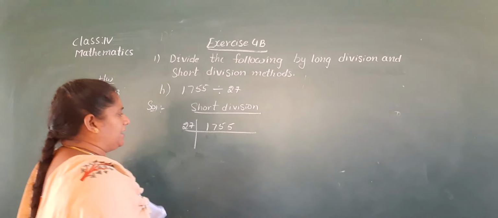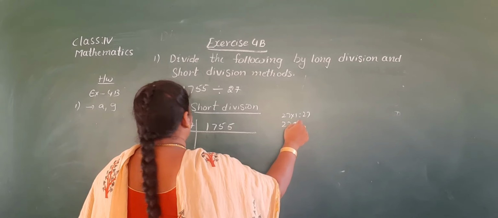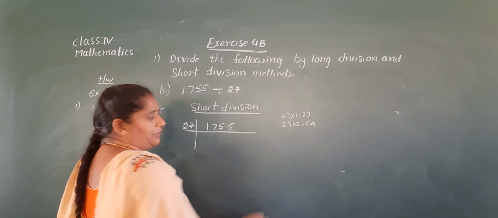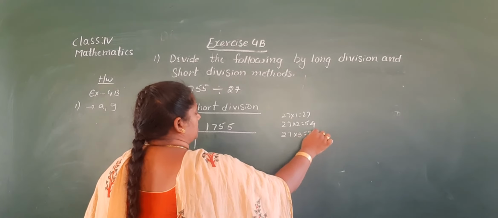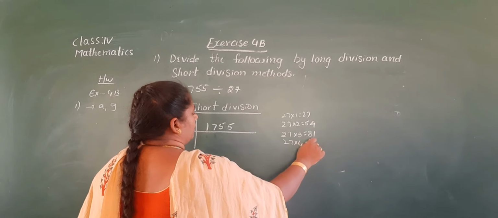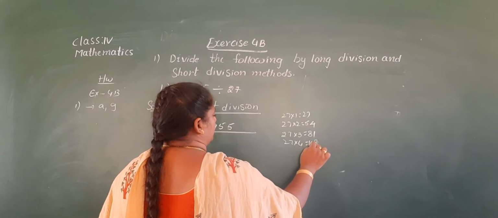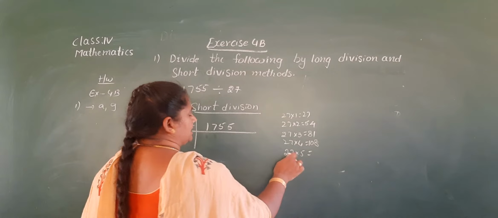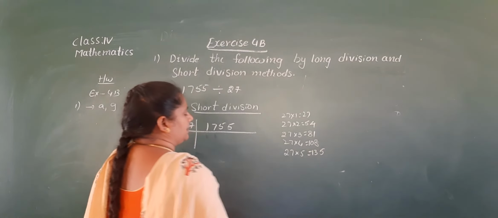If you don't know, write the 27 table on the side. 27 ones are 27, 27 twos are 54, 27 threes are 81, 27 fours are 108, 27 fives are 135.